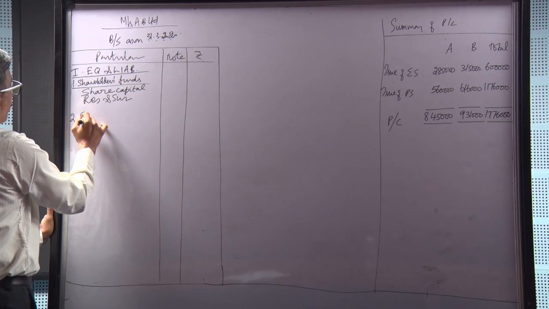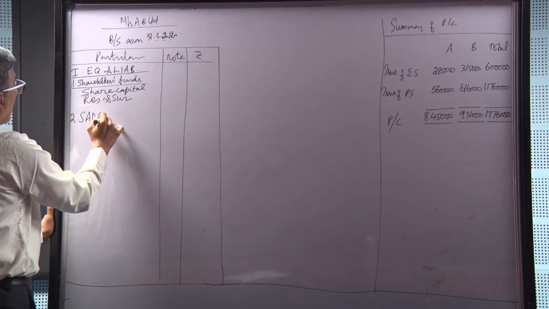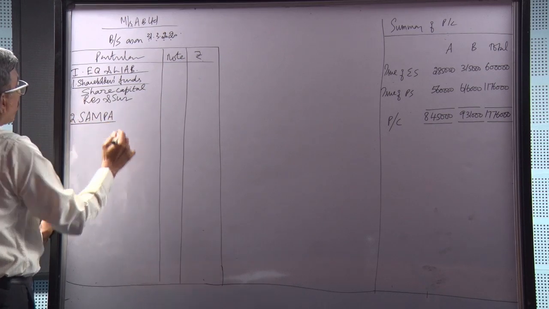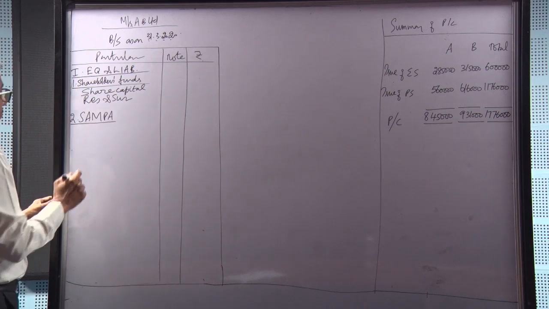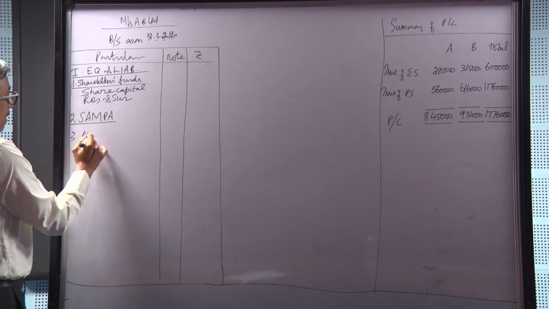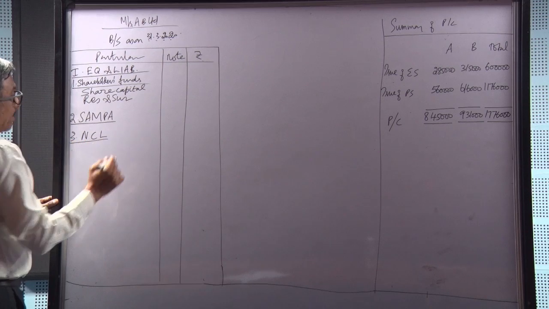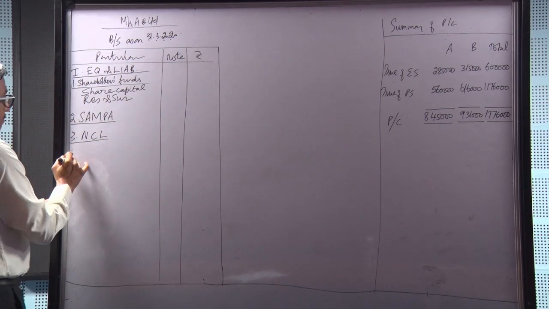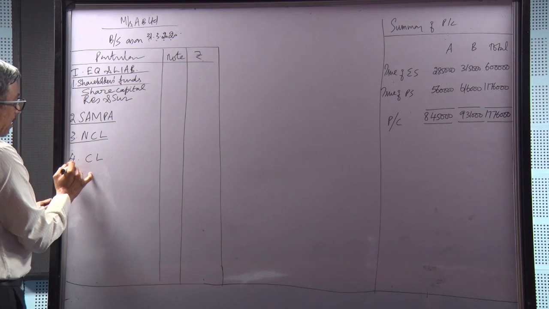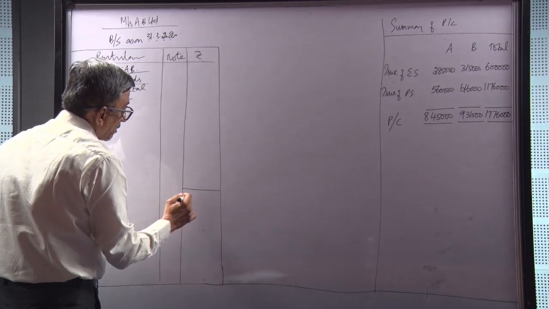Then number 2, SAMPA, that is share application money pending allotment. Though you may not have anything under this, you should simply write it as part of your format. Share application money pending allotment. Then NCL, non-current liabilities. Then finally CL, current liabilities.